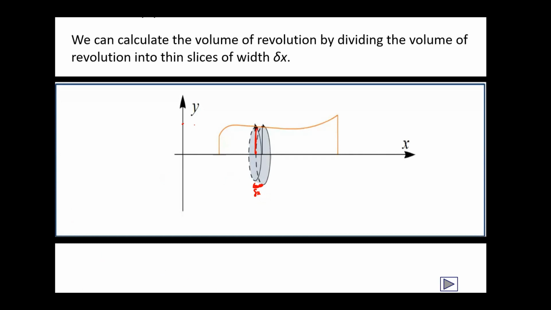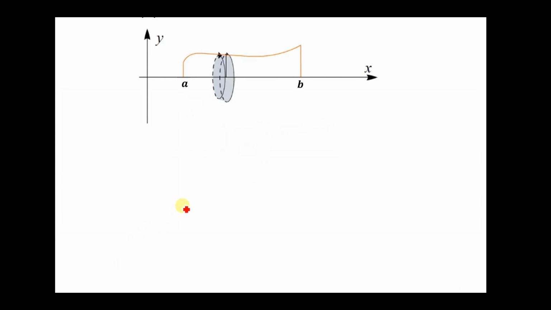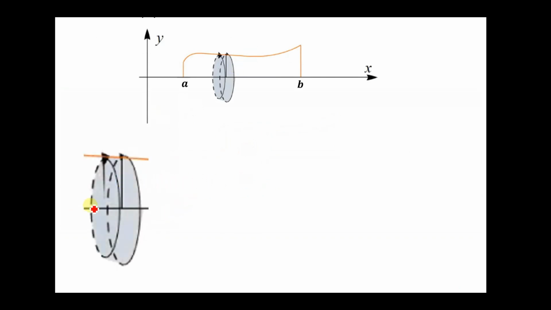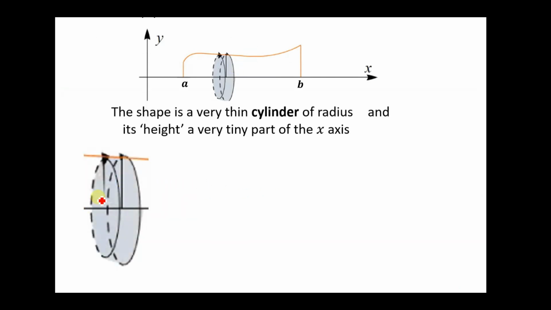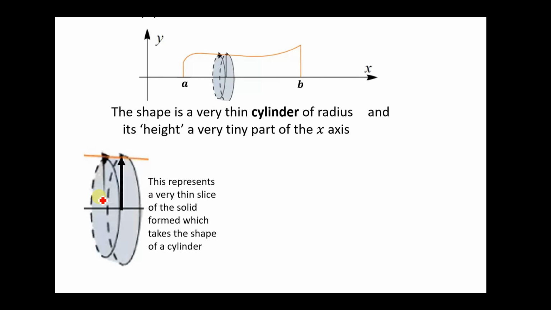So it's a very thin cylinder of radius y, and its height is a very tiny part of the x-axis, called dx.